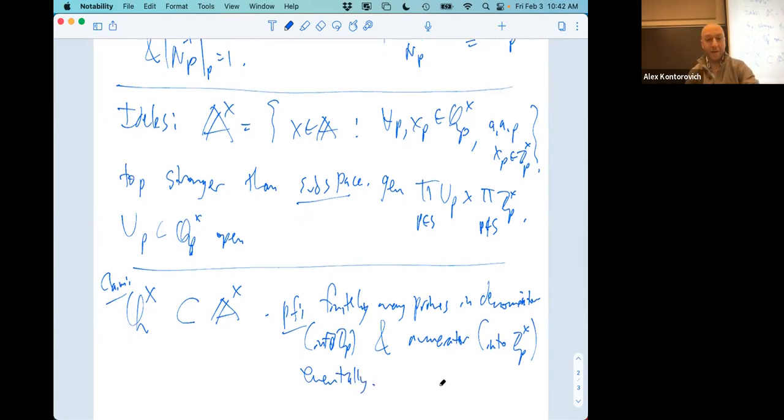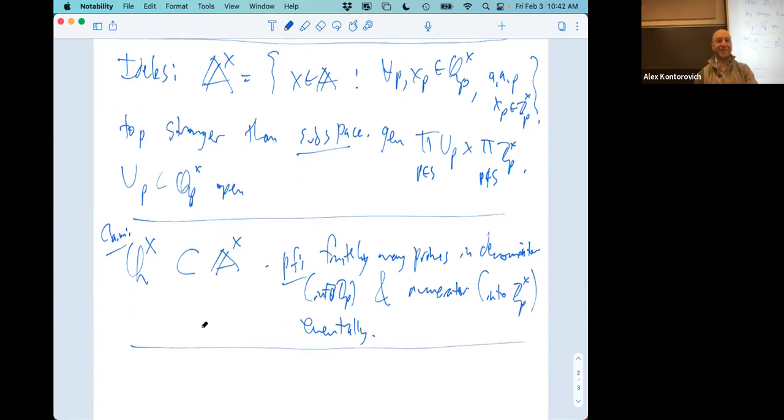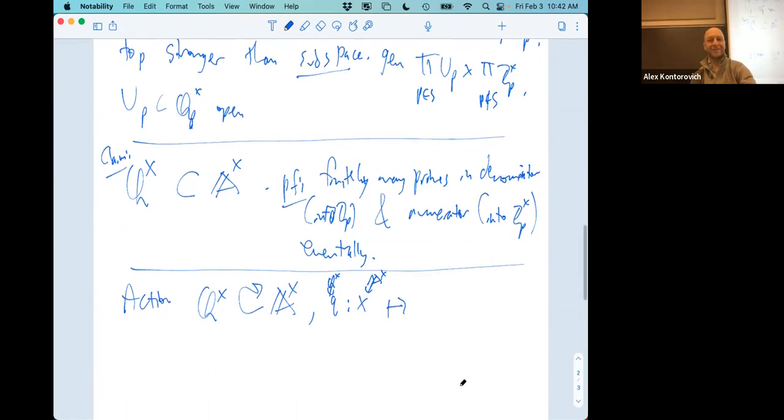Okay, well, is this an action? So we have an action. Now we have an action of Q cross on the ideles, where we take a Q in Q cross, and it'll map X in the ideles to QX.